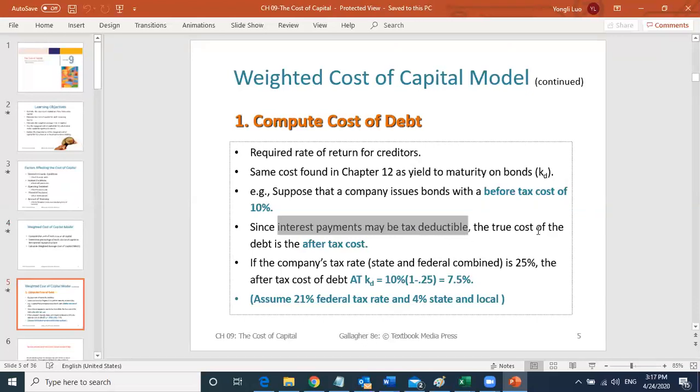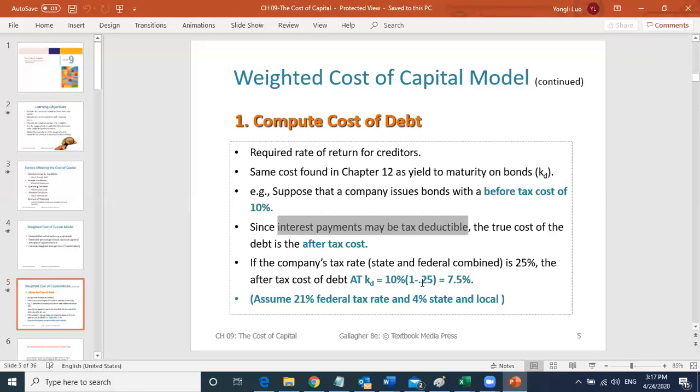So the true cost of debt is the after tax cost of debt. For example, if the state tax rate and the federal tax rate combined are 25%, the after tax cost of debt is that 10% times 1 minus the tax rate.